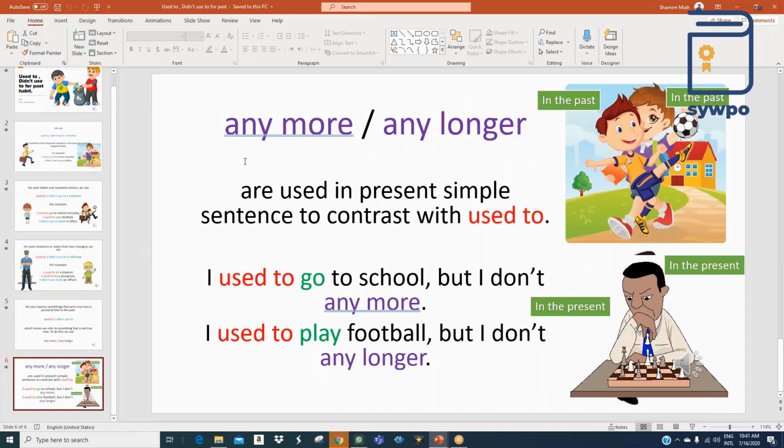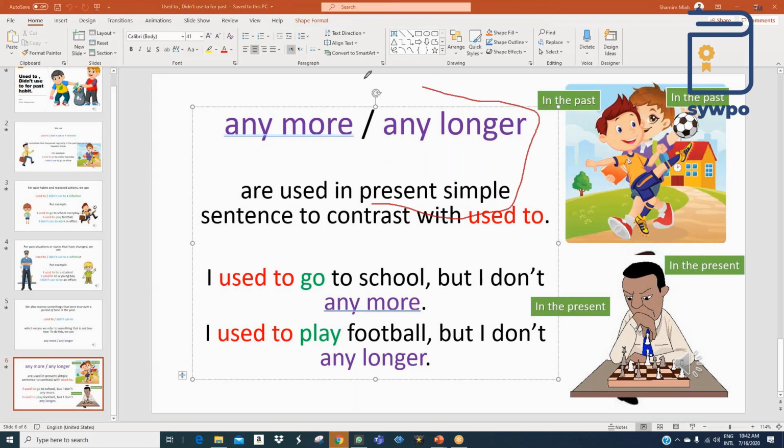Now, how do we use any more or any longer? These are used in present simple. Any longer and any more, we use them in present simple tense or present simple sentences. This is a contrast to used to.